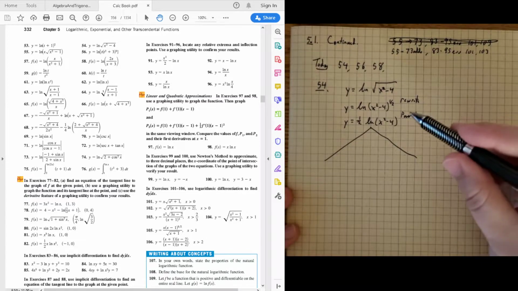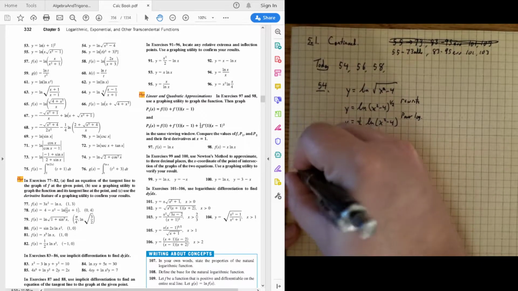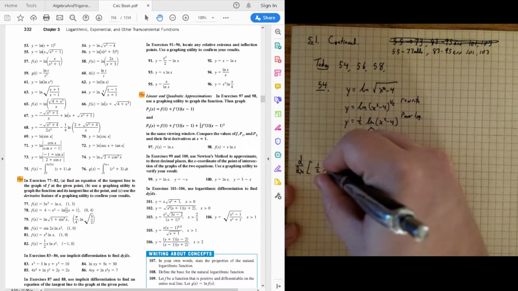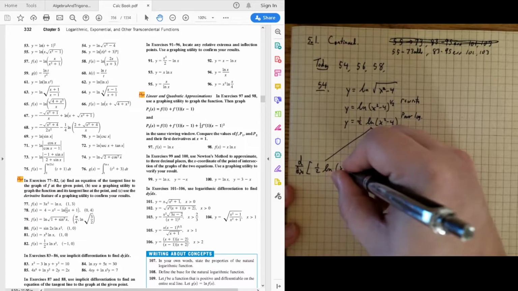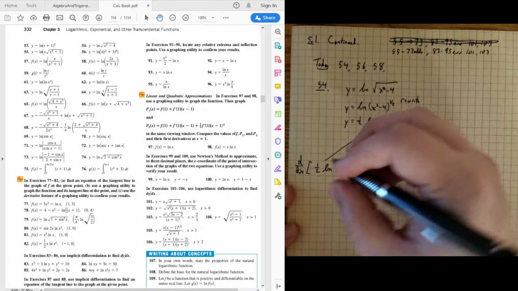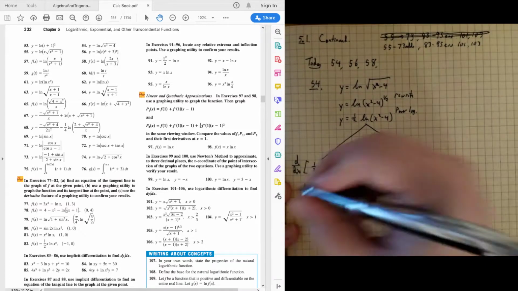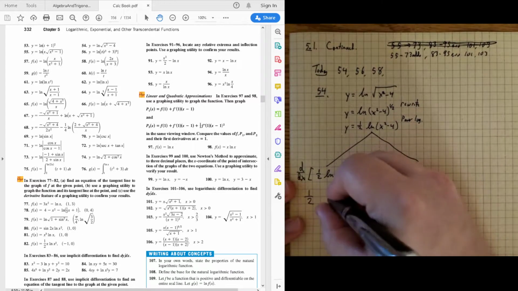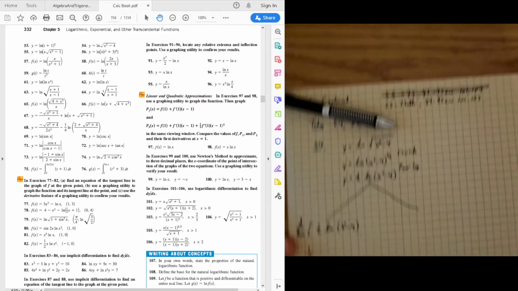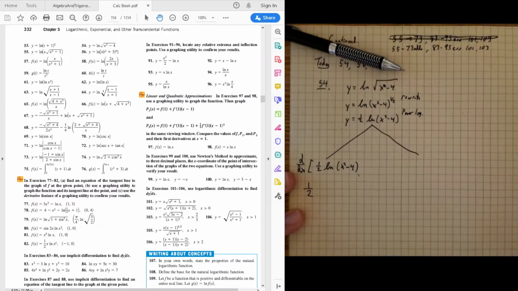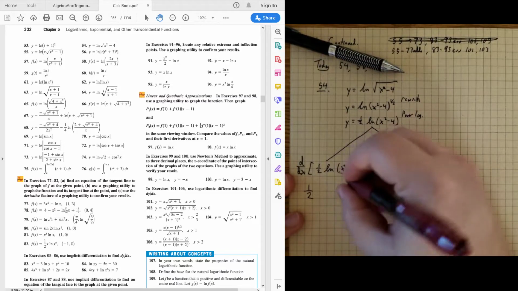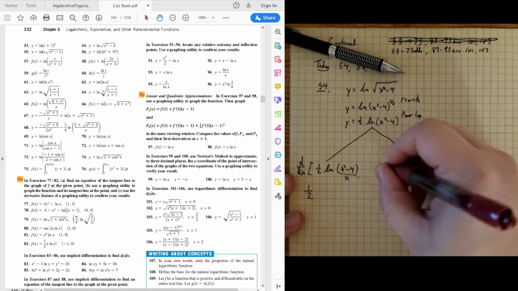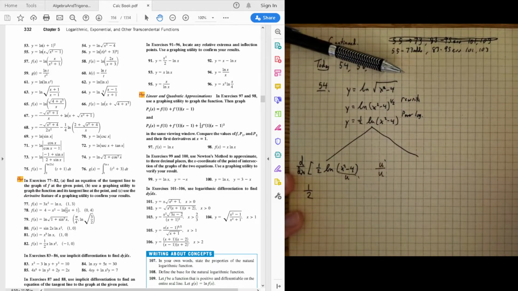So if I take the derivative now, d/dx of 1/2 the natural log of x squared minus 4. The 1/2 can essentially pop out, and then I have to take the derivative of the natural log. This becomes our u, and remember the derivative is u prime over u.